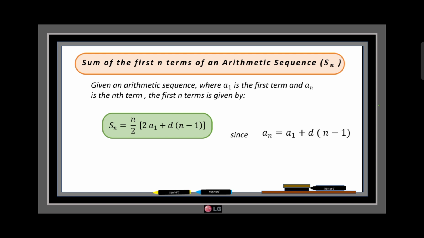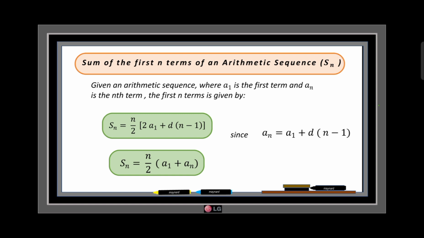So, from there, makakapag-derive pa tayo ng isa pang formula na S sub n is equal to n over 2 times the quantity of a sub 1 plus a sub n. So, ang paggamit dyan sa dalawang formula na yan ay depende sa magiging given ng mga problem natin.